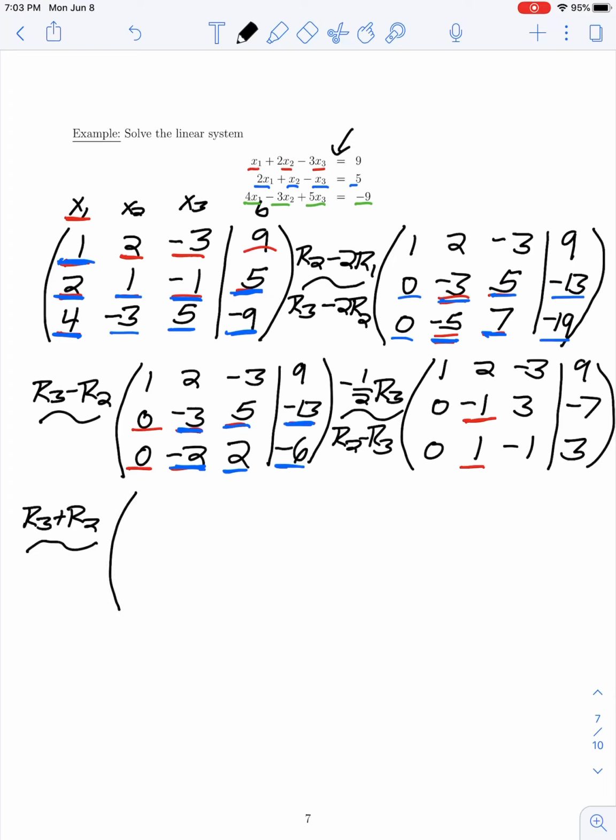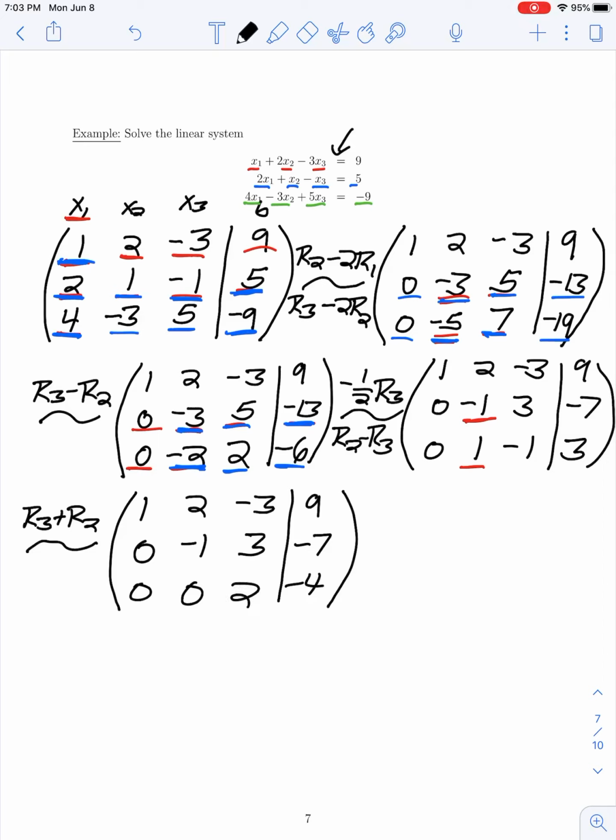So my first row is still the same: 1, 2, negative 3, 9. In our second row, we have 0, negative 1, positive 3, negative 7. And in our third row, if we add the previous row to it, we would have 0, 0, 2, and negative 4.